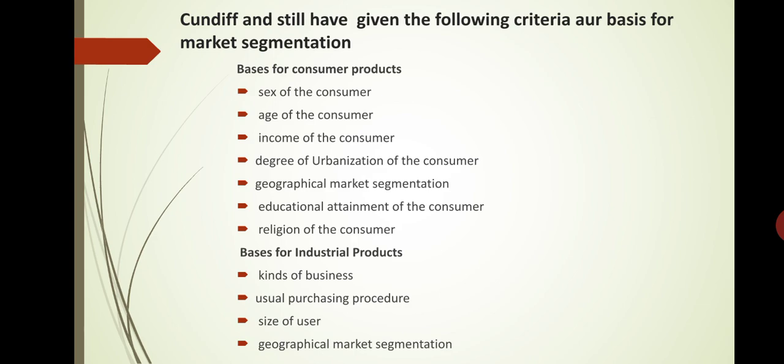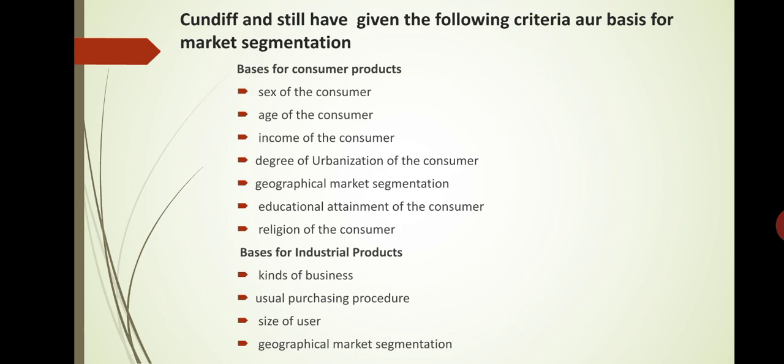And according to the income of the consumer, some customers have less income, so he grouped the total market into several segments. Then degree of urbanization of the consumer, geographical market segmentation, educational attainment of the consumer, and religion of the consumer.